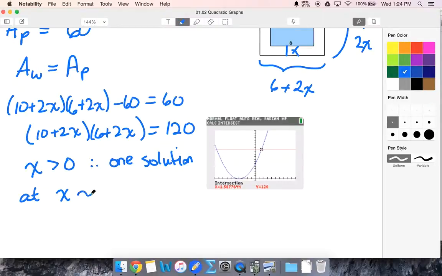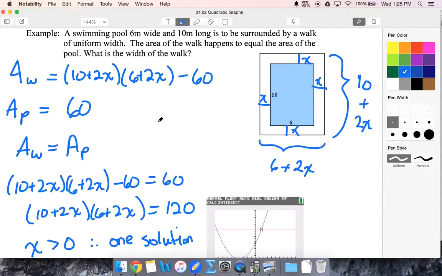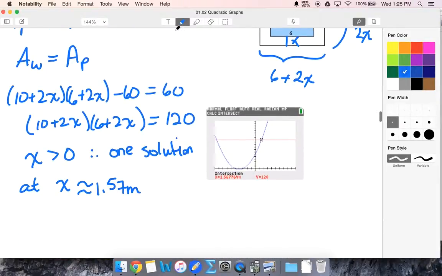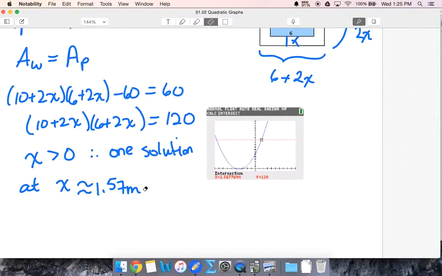So x is approximately 1.57 meters. Let me go back and make sure that I've answered the question. What is the width of the walk? So actually, I'm going to take this back, get rid of my meters here, and put that in my answer.